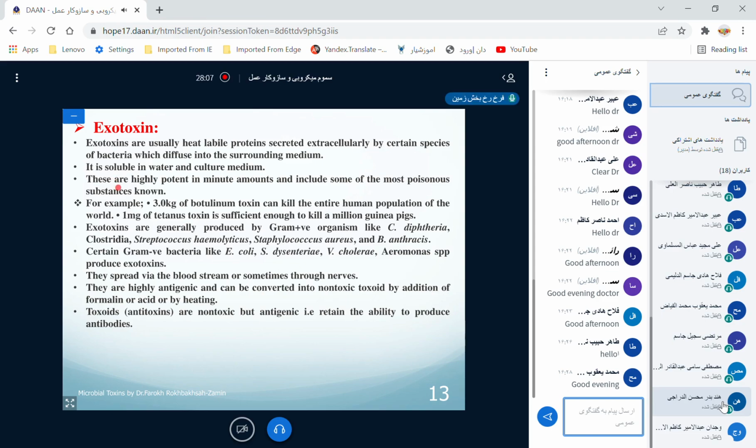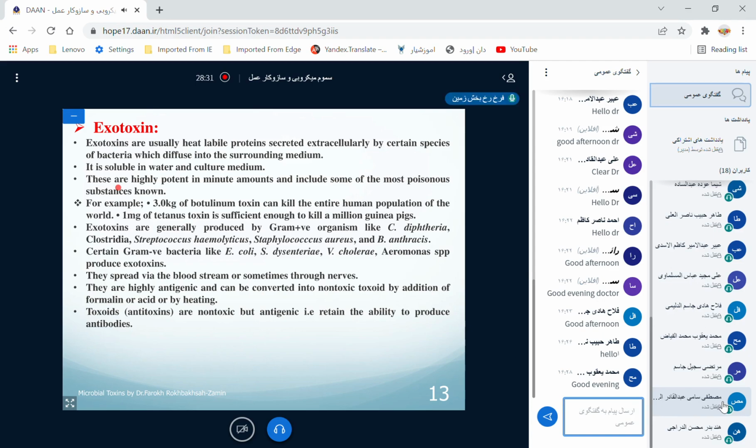These are highly potent, meaning they are highly powerful. Even a little of them can be lethal, can kill any living thing.